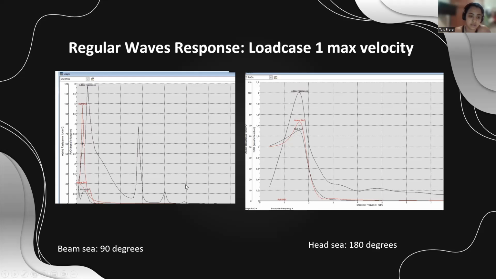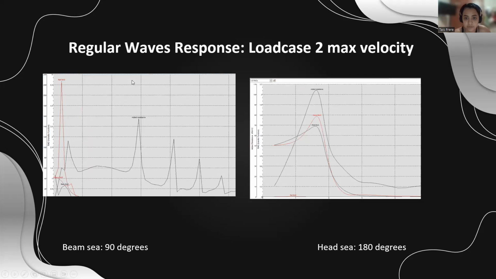For 90 degrees, we can see the roll, and for 180 it is the heave and the pitch, and the roll is very, very low.